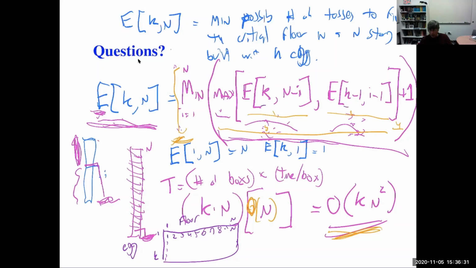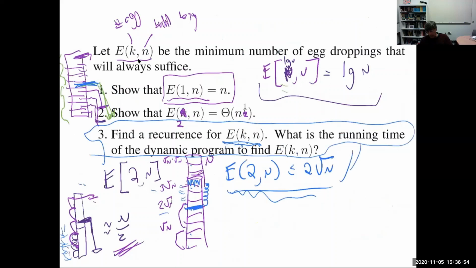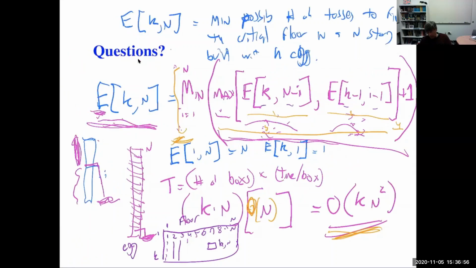In general, though, in both cases, the floor sizes get smaller, right? So I'm going to want to fill in my boxes like this. And in general, to fill in a particular value here, which was k, n, what am I going to be looking at?